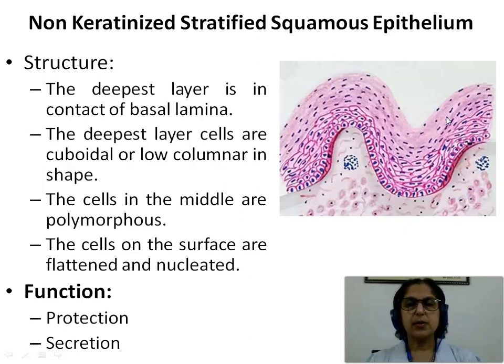Non-keratinized because there are live cells on the surface, stratified because of multiple cell layers, squamous because the surface cells are squamous or flat. And the function of this type of epithelium is protection and secretion.